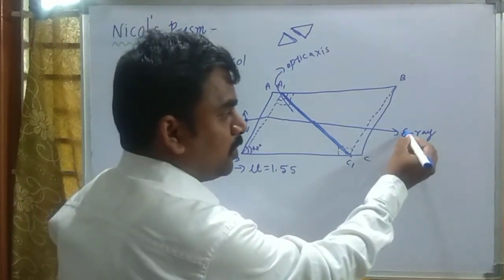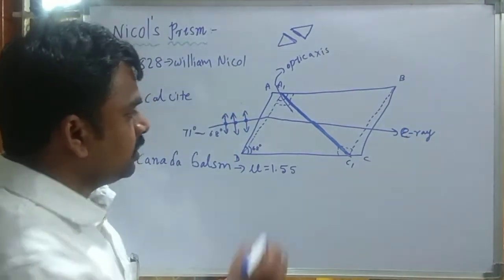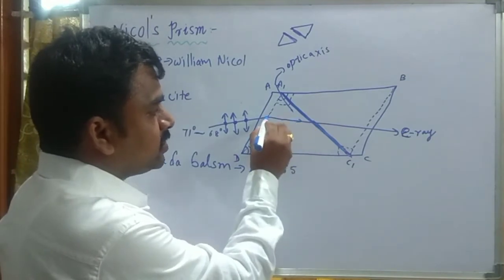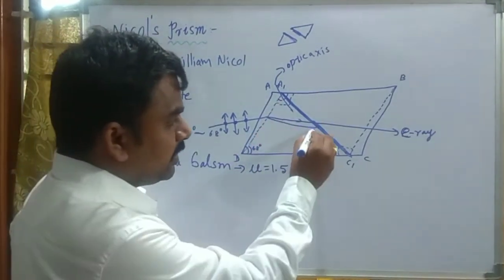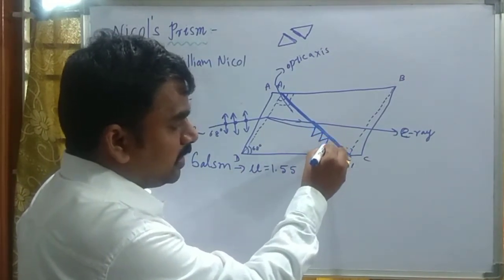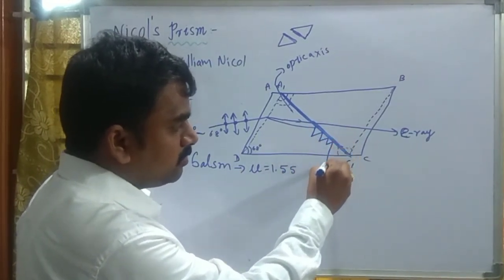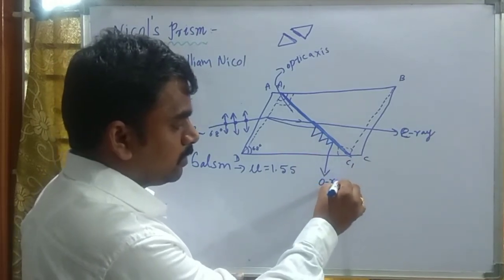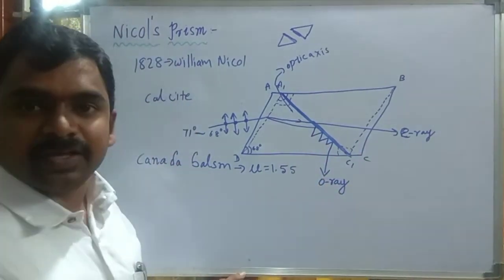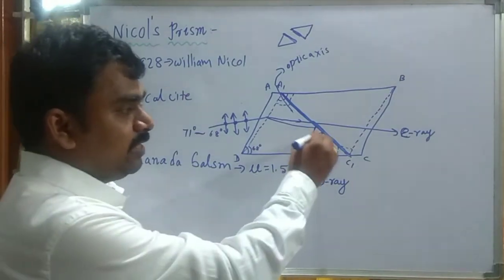Another ray is called the ordinary ray. This ordinary ray participates in total internal reflection and comes out in another face of the crystal. Why does it participate in total internal reflection?